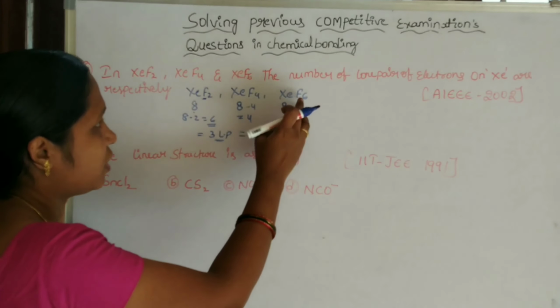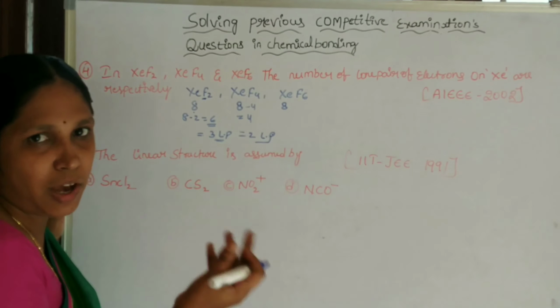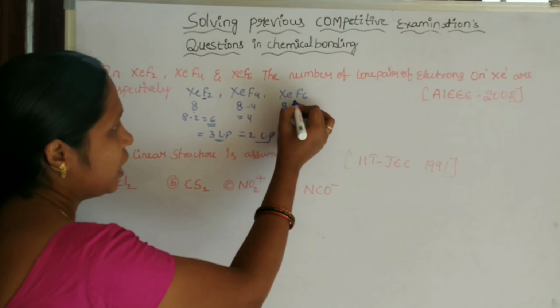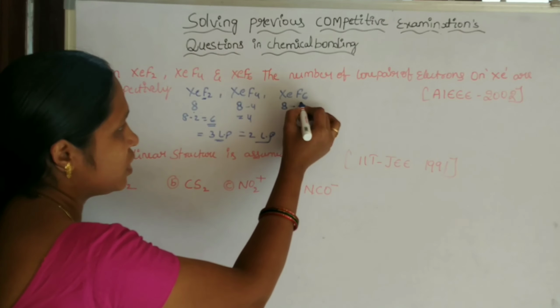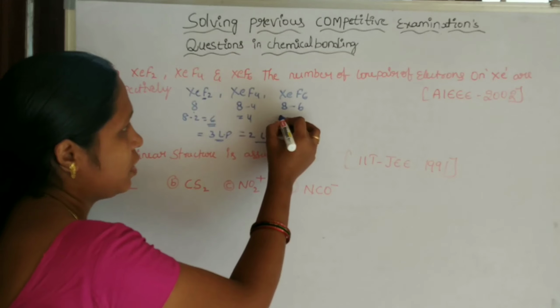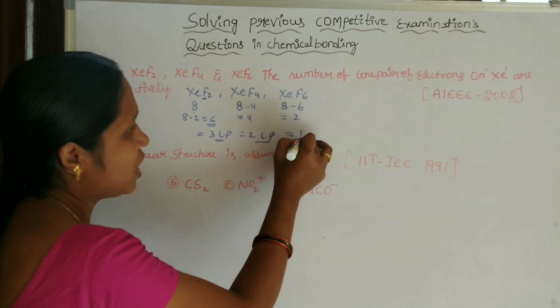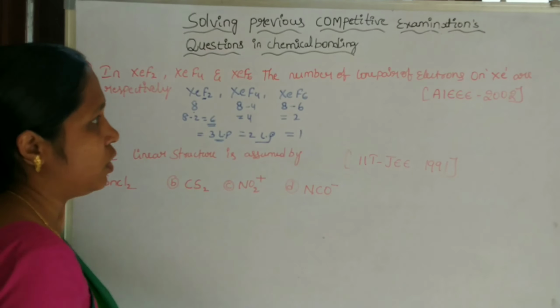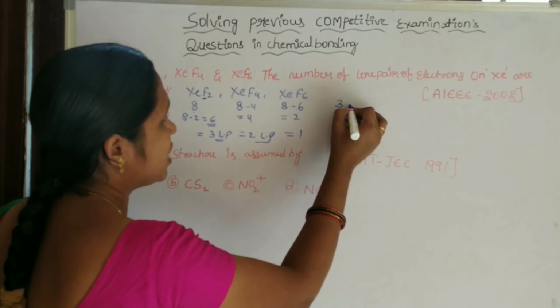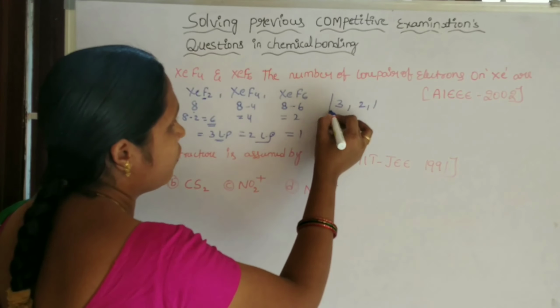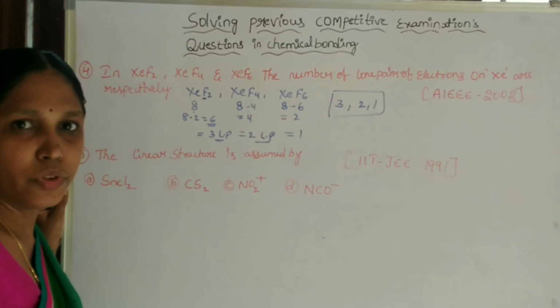Subtract the fluorine number from the valence electrons: 8 minus 6 fluorines, so remove the 6. So here 2 is left, and 2 means 1 pair of electrons. Okay, the lone pairs of electrons are 3, 2, 1 respectively.